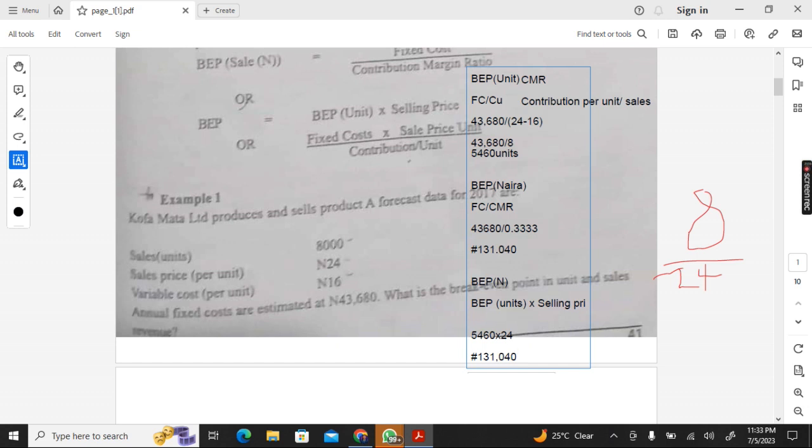Now sometimes they might give us the level of sales in units required to achieve a predetermined profit before tax. That is, how many units can we produce to determine our profit before tax.